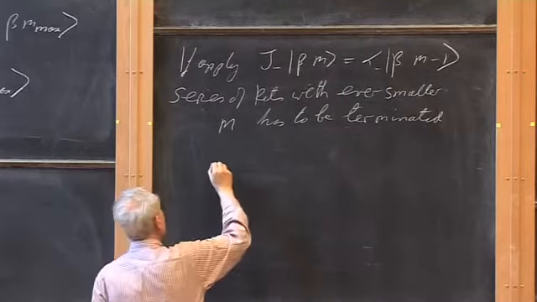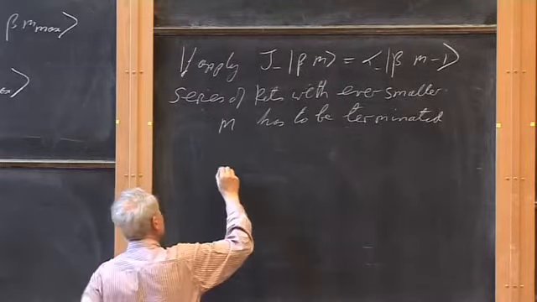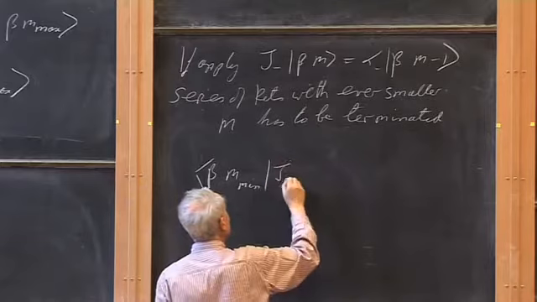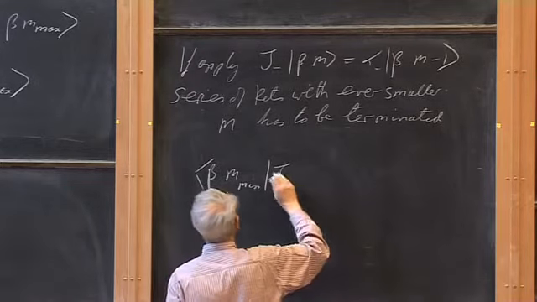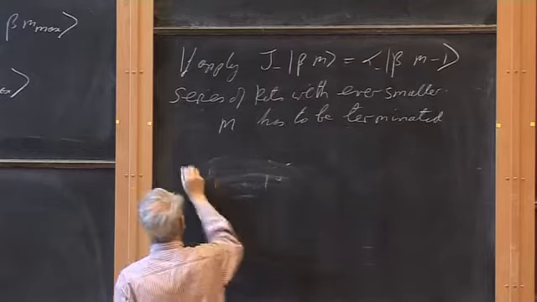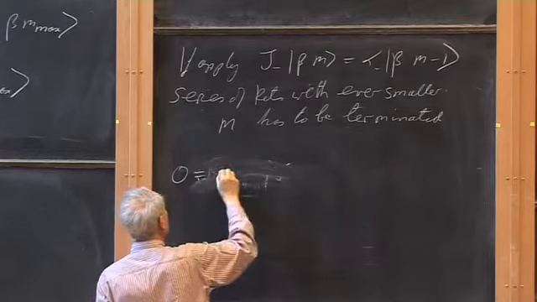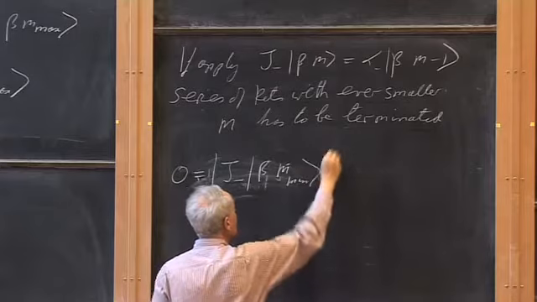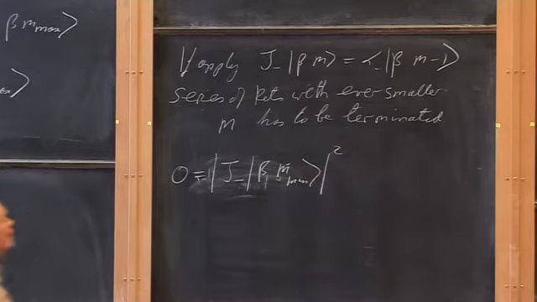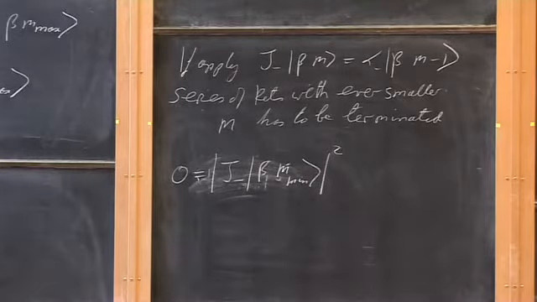So we're going to have that beta m min times j, well, I should write it differently. I should say that nothing has to equal the mod square of j minus applied to beta m min. And when we expand that out, there'll be other things happening here.